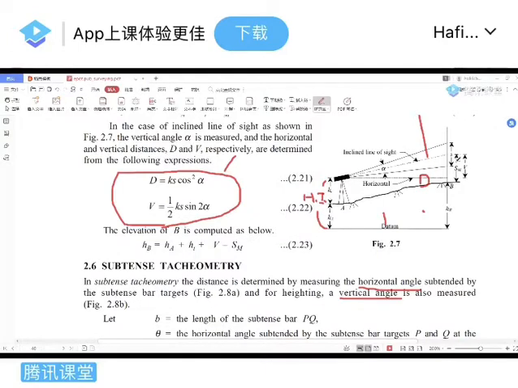Indeed, SM is even longer, because SM measures the middle point up to the ground, but V only measures the middle point up to the horizontal line of the sight over this one. This is horizontal, so this is V. So if you want to measure this V, use this one.